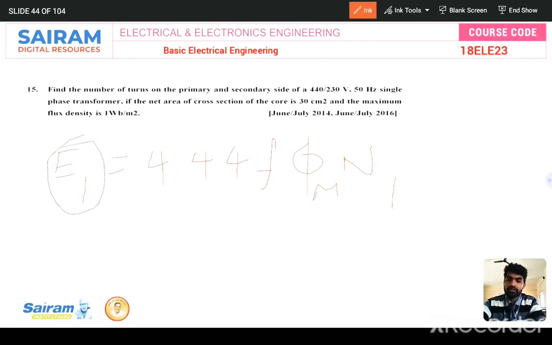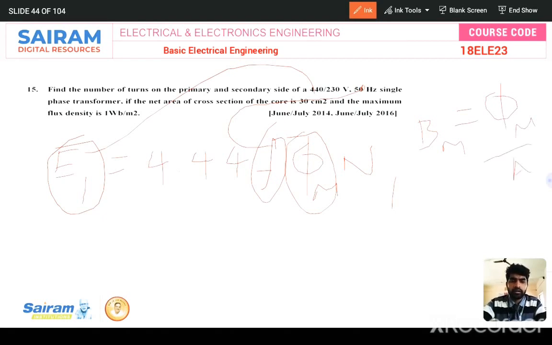E1 is a known value, directly you can take 440, and frequency they have given is 50 hertz. And flux we don't know. How do you calculate flux? What about the formula of flux density? Bm is equal to flux per unit area, right? So Bm is already known, that is 1 Weber per meter square, and area is 30 centimeter square. Just substitute, you will get the value of phi m.